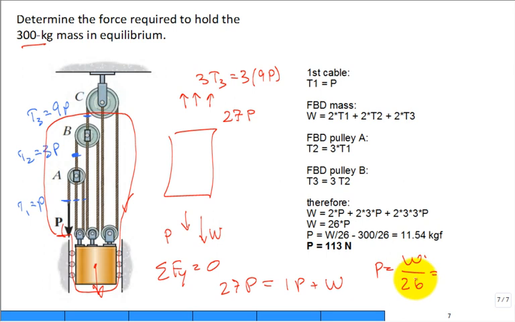You divide it by 26, and you get that it's so many kilogram force or so many newtons. Why do I have a minus sign there? Isn't that an equal? The weight is 300 kilograms divided by 26, or 11.54 kilogram force. And then it's also multiplied by 9.81, so you have 113 newtons.